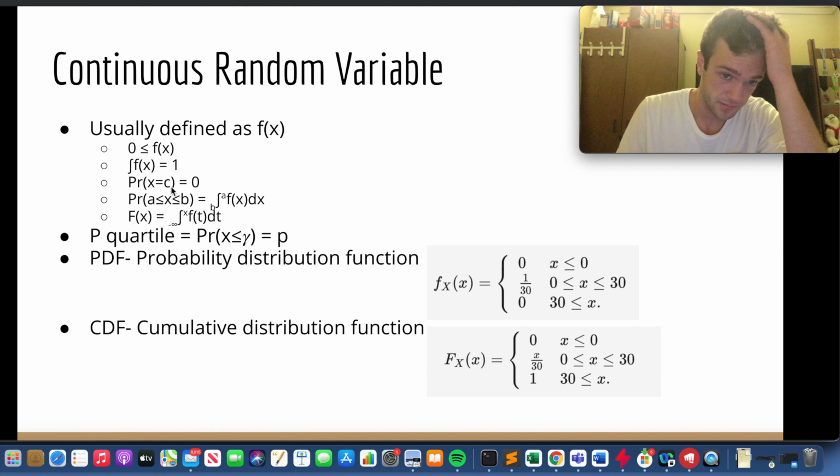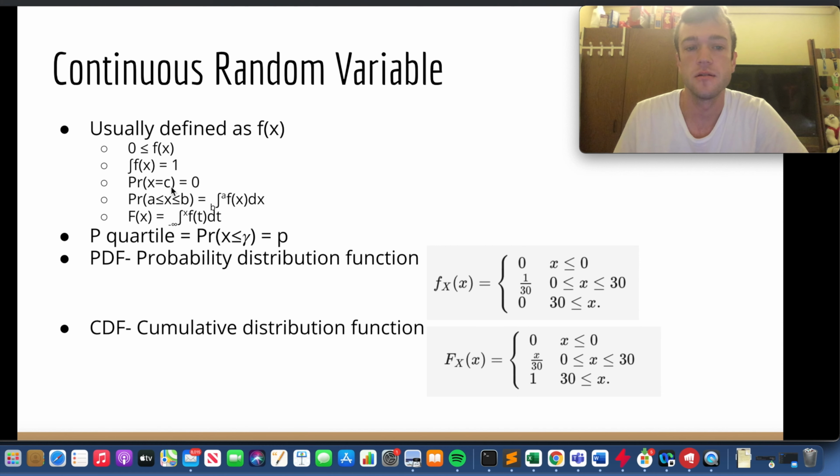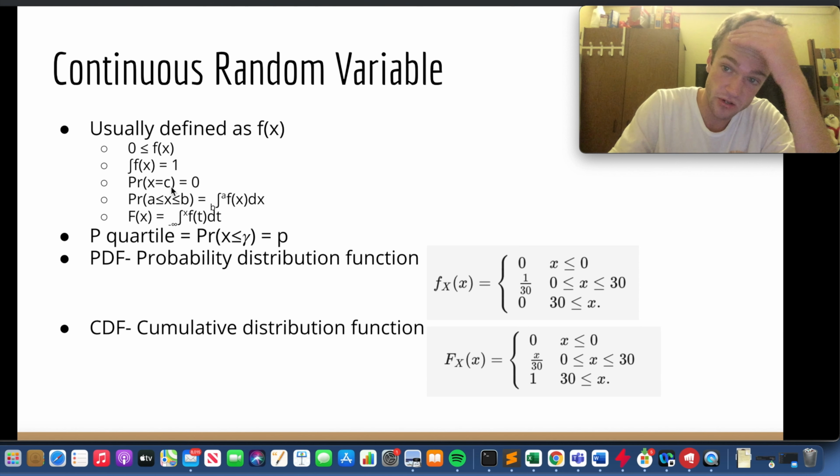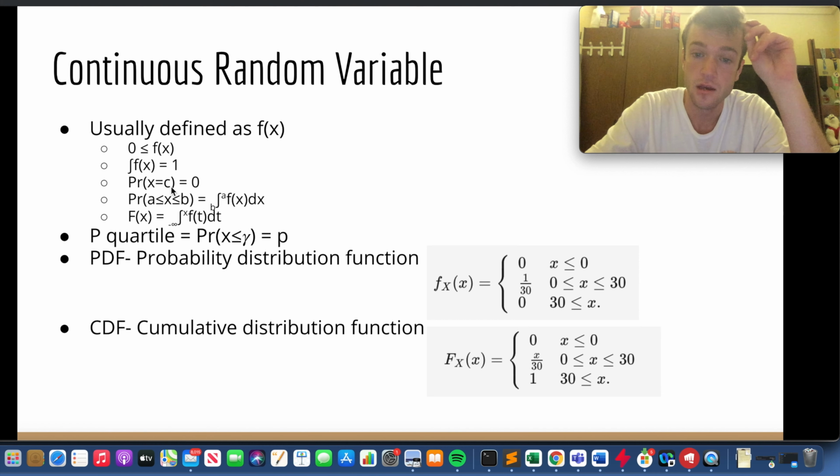The p quantile is gamma such that the probability that x is less than or equal to gamma equals p. The definition of a PDF is the probability density function. For our example, for x less than 0, it is 0. Between 0 and 30, the density is 1 over 30, and then over 30 it is 0.